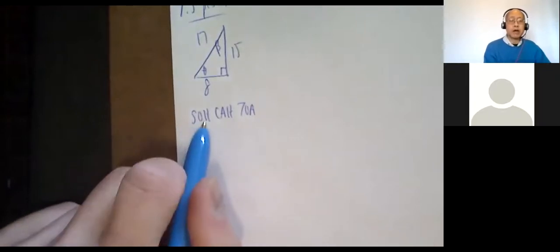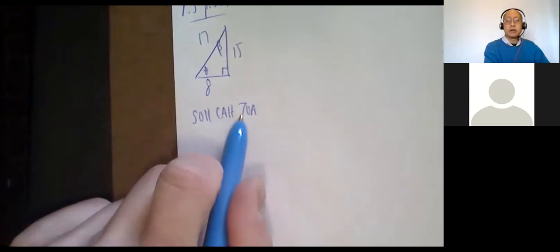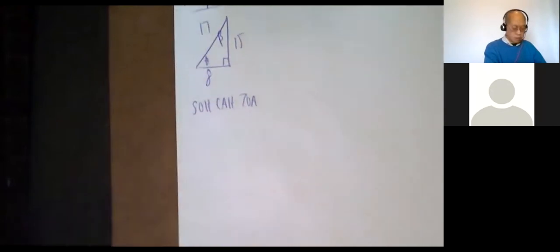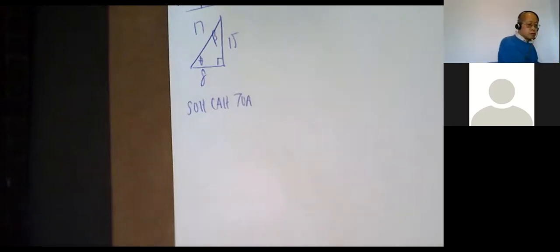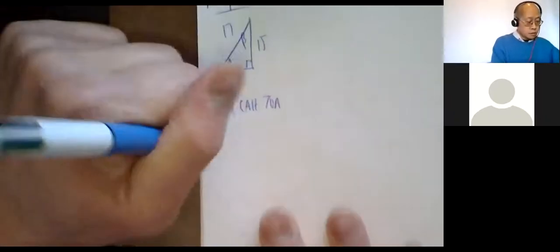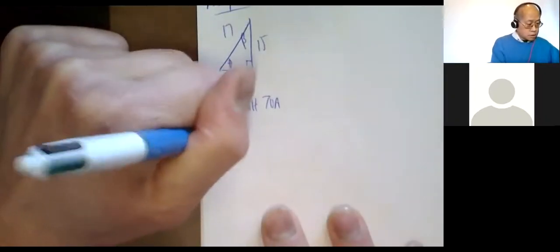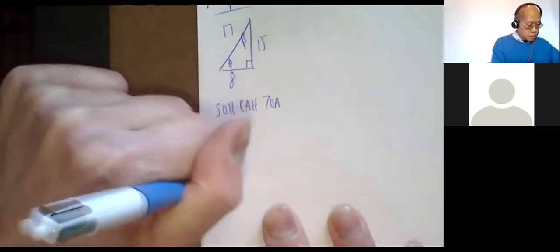What's SOHCAHTOA? Sine of an angle is opposite over the hypotenuse. Cosine of an angle is adjacent over the hypotenuse. Tangent of an angle is opposite over adjacent. Give the 6 trig functions of theta and beta, both. The way I want you to organize it is sine theta, cosine theta, tangent theta.